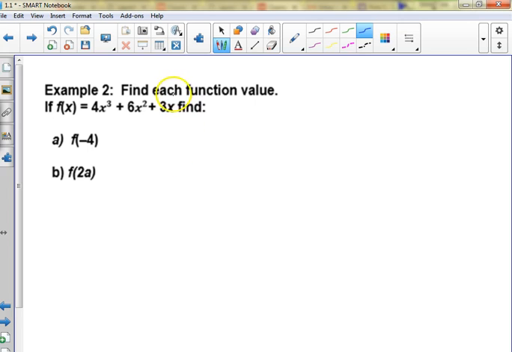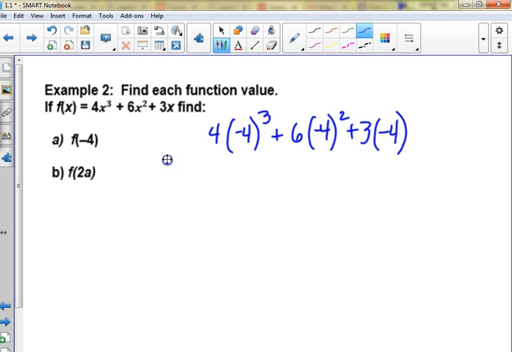Example 2, I think I actually have on another slide. Find each value. Function notation. You remember this, right? What does A mean to do? Put a -4 in for all the x values. Be sure to type carefully. When do you need parentheses? You could just always put it in parentheses, but the one that will give you the wrong answer if you don't is this particular one here because you're squaring a negative.